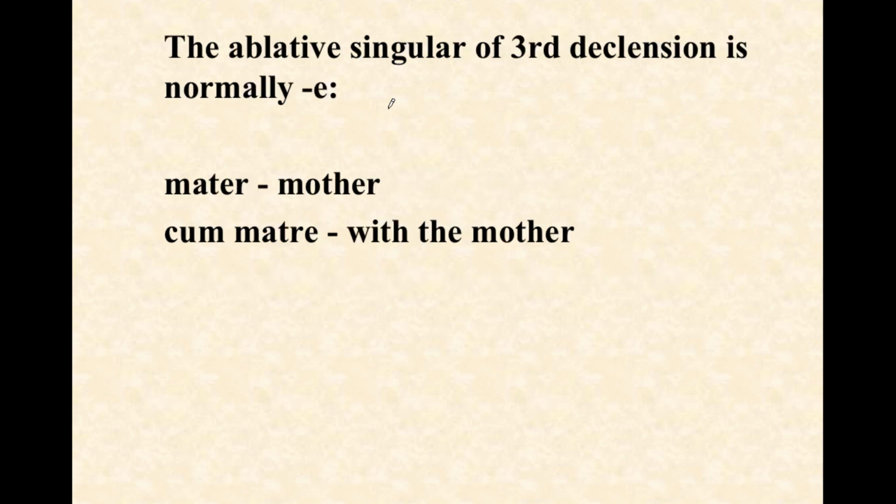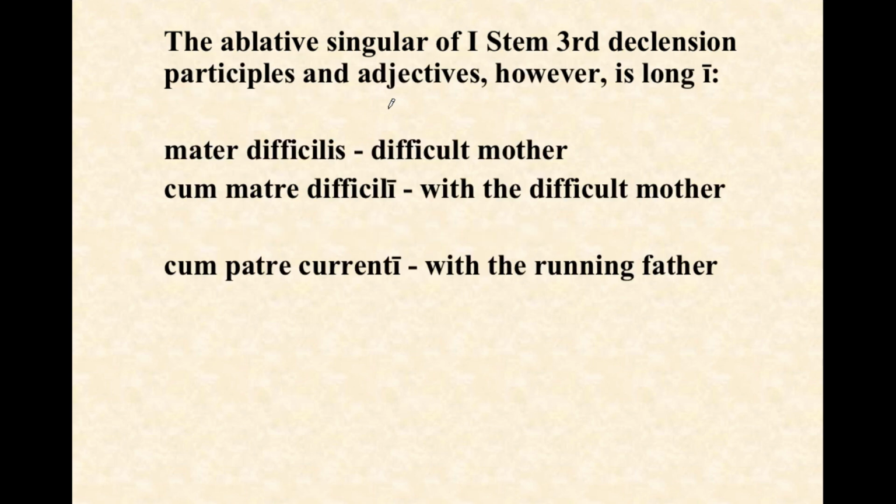The ablative singular of a third declension is normally an E. So you have mater, mother, cum matre, with the mother. Okay, but be aware, this is weird. The ablative singular of I stem third declension participles and adjectives is a long I. Okay, so mater difficilis, a difficult mother.